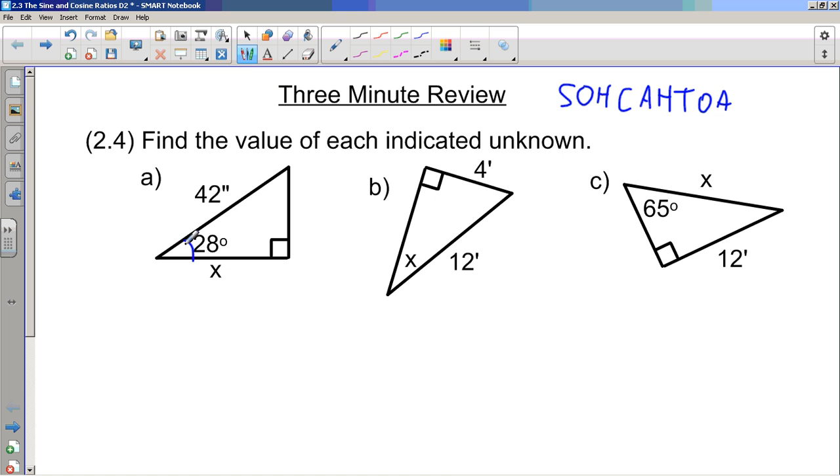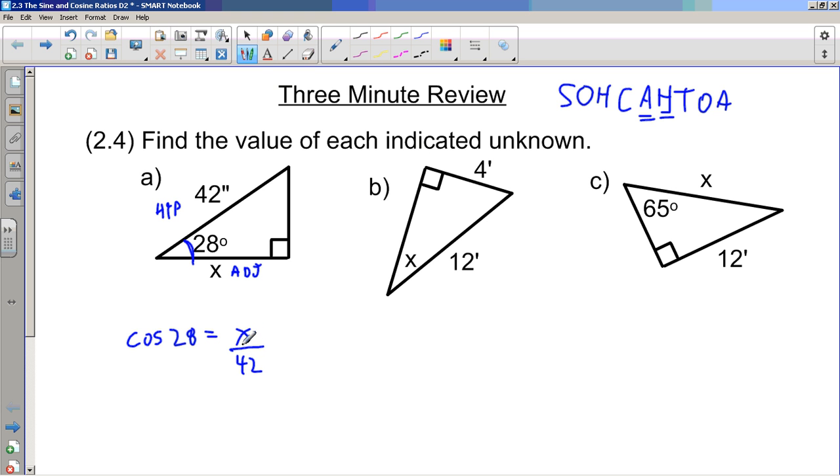So this is the reference angle. The 90-degree angle points at the hypotenuse, and this is the adjacent side. So adjacent and hypotenuse, I know I'm going to write down the cosine. And so I'm going to write down a true fact here. Cosine of an angle is equal to the adjacent over the hypotenuse.